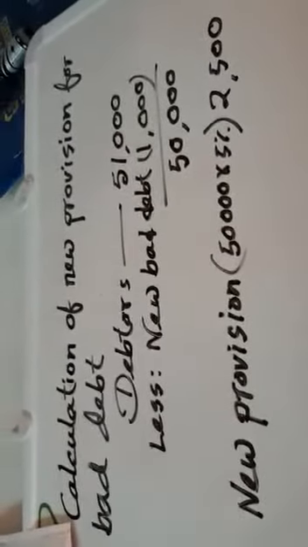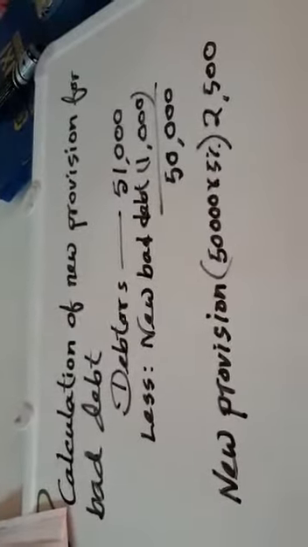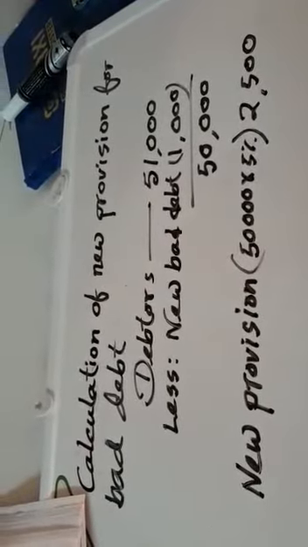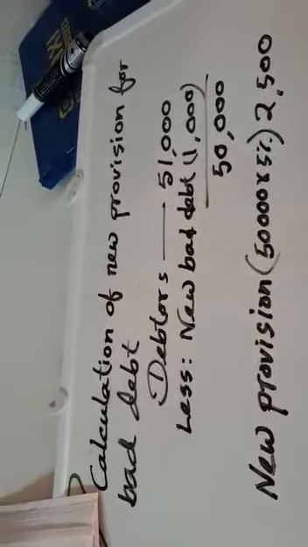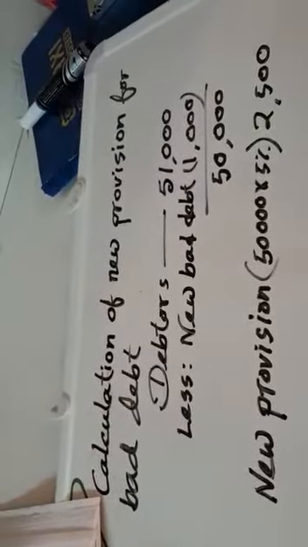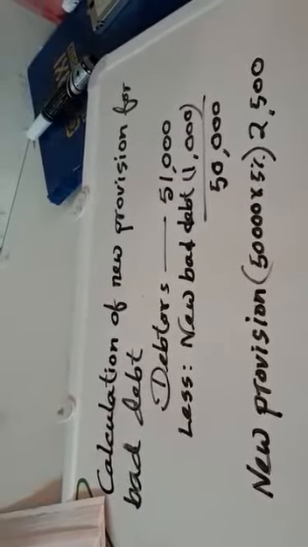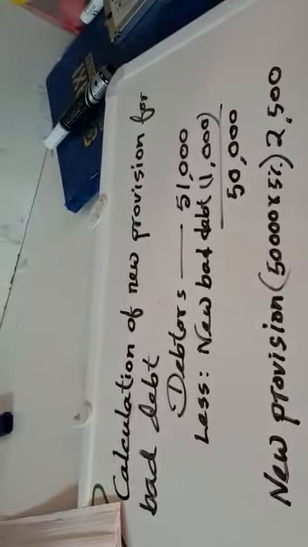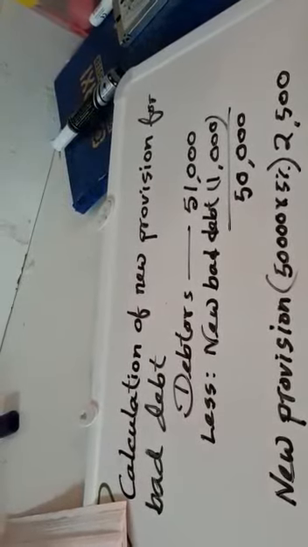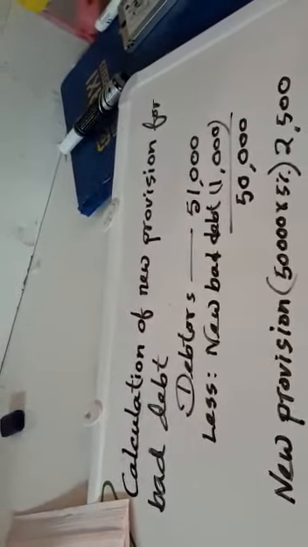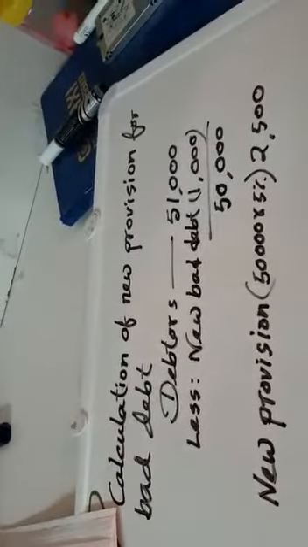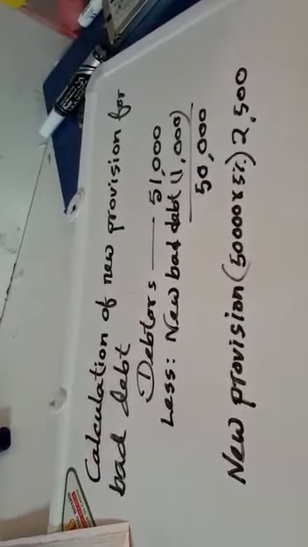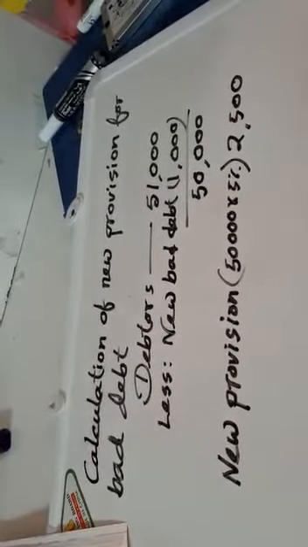Calculation of new provision for bad debt. We will take debtors first, that is 51,000. Then from the debtors, we have to minus new bad debt, that is unrecorded bad debt, what is not collectible. That means from 51,000, if we deduct 1,000, we get 50,000. This 50,000 is our actual debtors now, and we have to create the new provision on this amount.